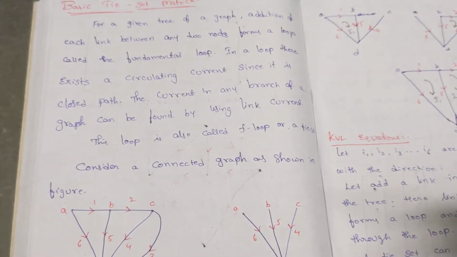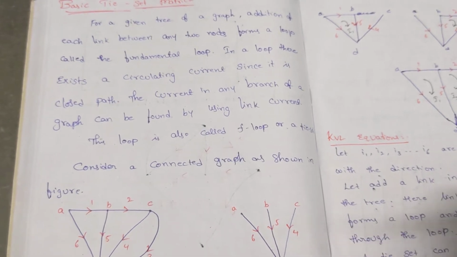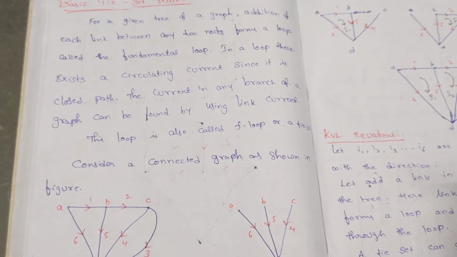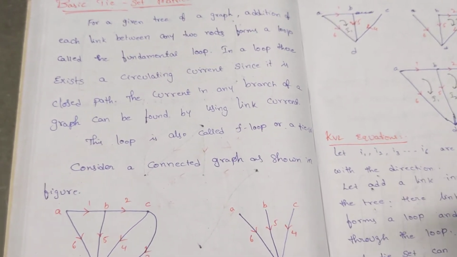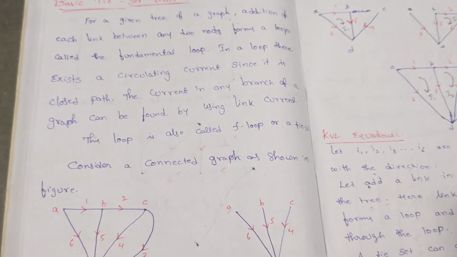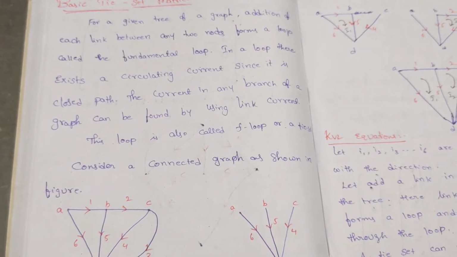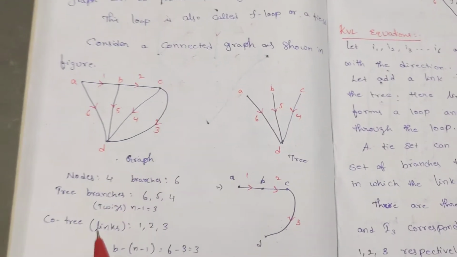In that loop the current will start circulating. If we have any closed loop, automatically the current will be available. Based upon that loop current, we are going to define the basic tie set matrix. So first of all, let us go through this example.